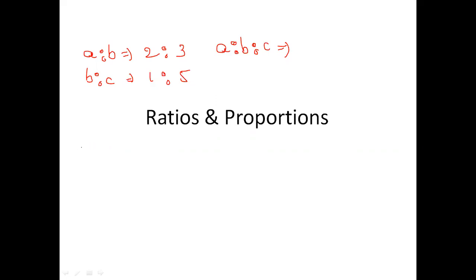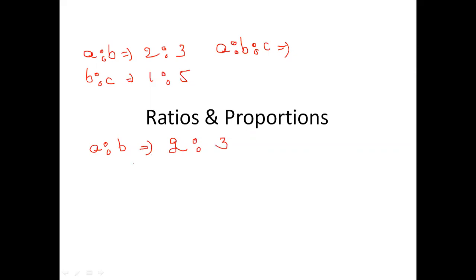There are many methods to solve this question. You can find many methods online, on YouTube or elsewhere. But I just want to tell you that it's very easy to understand if you solve using the relation of ratios method. Please observe how I'm going to write the numbers. A is to B, they have given as 2 is to 3. Write it down as it is.